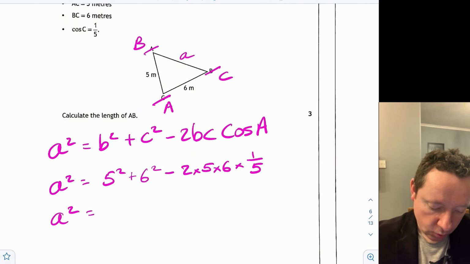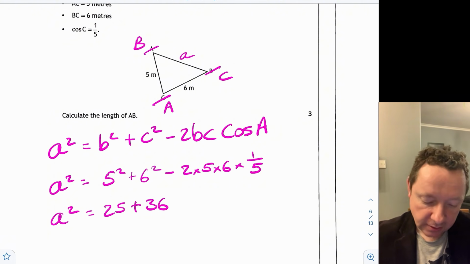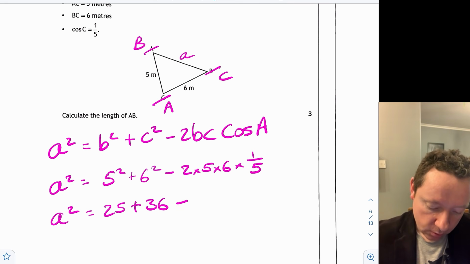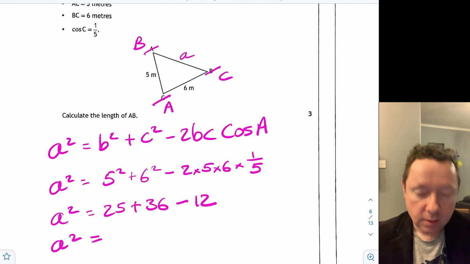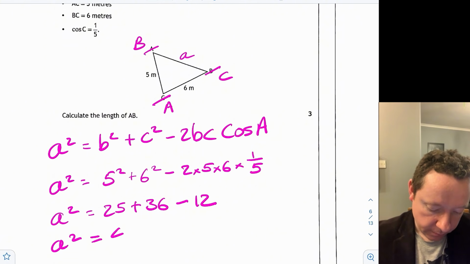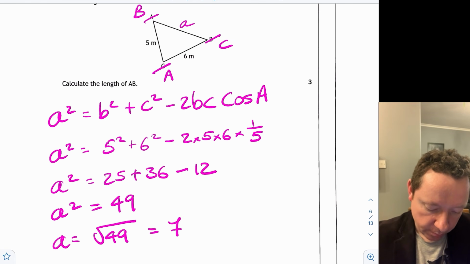A squared equals 25 plus 6 sixes is 36. 2 fives is 10. 10 sixes is 60. A fifth of 60 is 12, so minus 12. So A squared is 36, 46, 56, 61, minus 12 is 49. And therefore A is the square root of 49, which is just 7 meters.